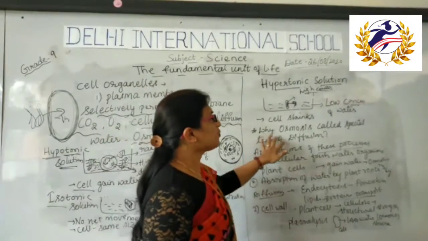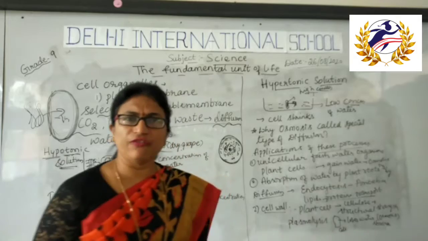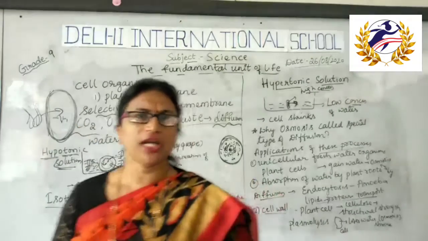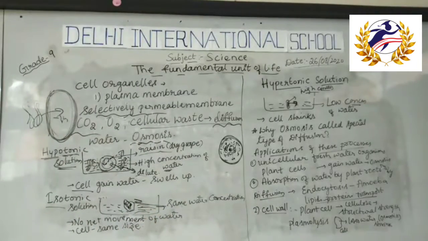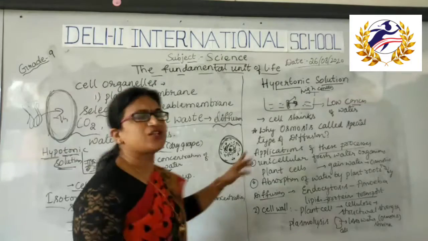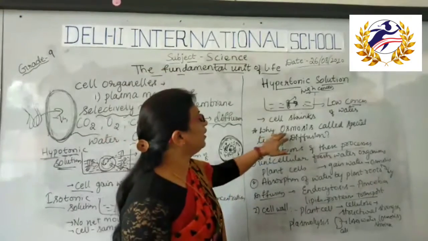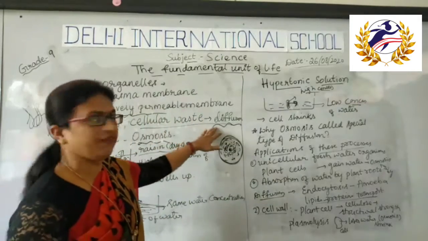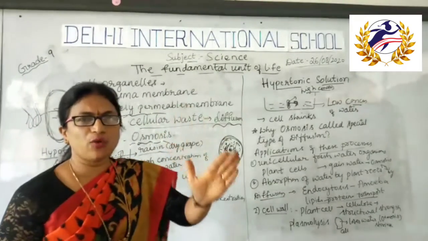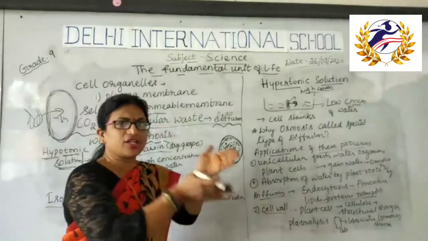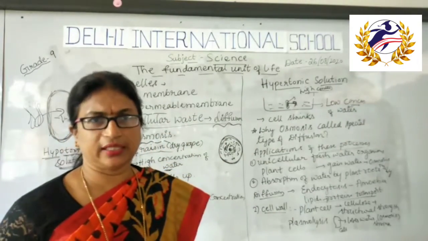Then why is osmosis called a special type of diffusion? Osmosis is called a special type of diffusion because, here we know the definition of diffusion: the movement of water molecules or any molecules from the region of higher concentration to the region of lower concentration.